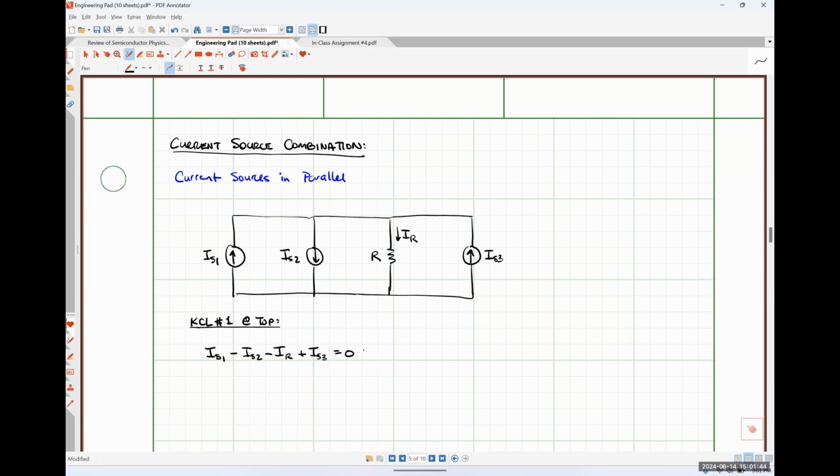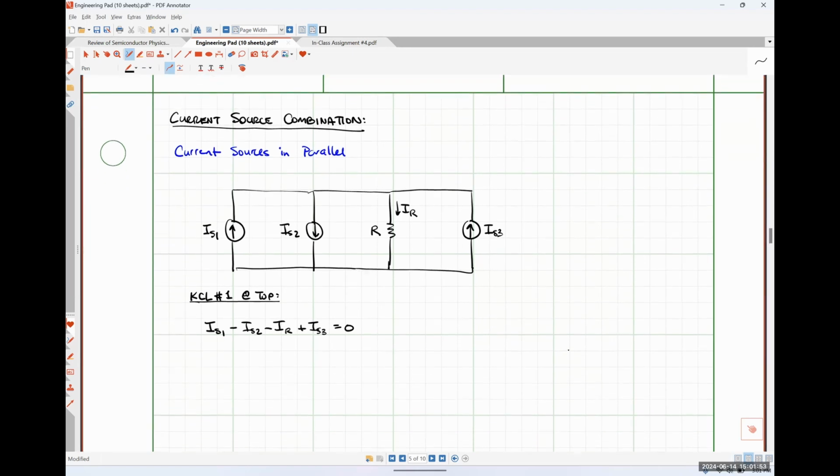Our goal here is to see what equivalent current source the resistor is going to see. So I'm going to put the IR term by itself on one side. And that's going to leave me with a combination of IS1 minus IS2 plus IS3 as our equivalent current source.